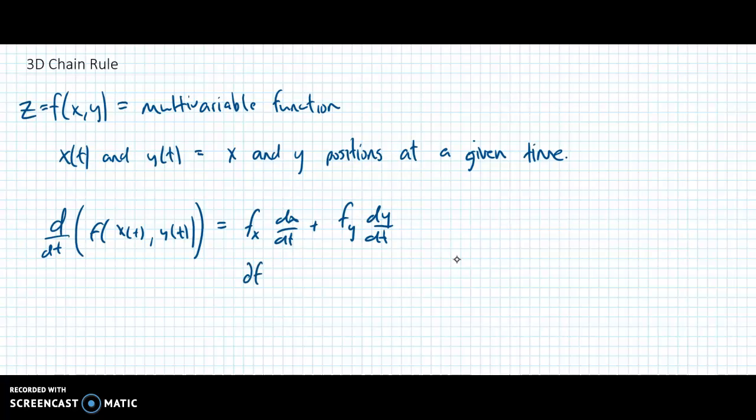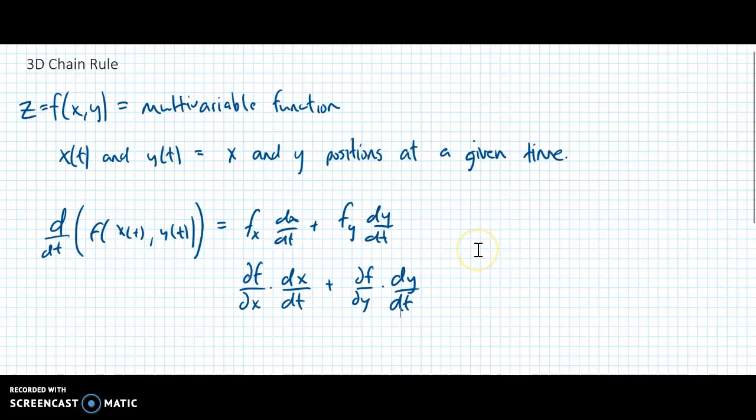So it is partial f partial x times dx dt. You may say, oh yeah, sweet, this and that cancel, but they don't, okay? So this d and that partial sign don't cancel. Plus partial f partial y times dy dt.